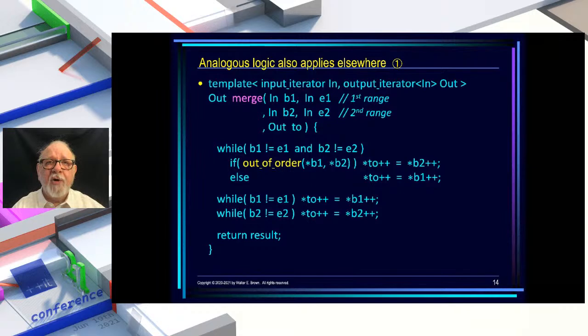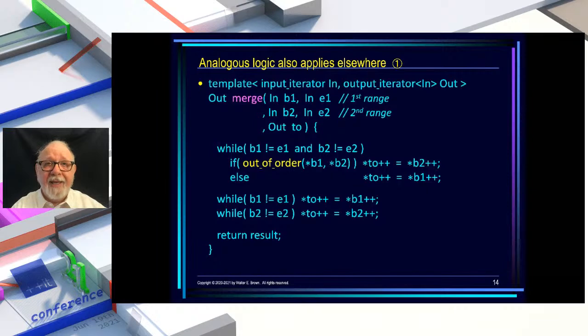Please note for the moment that we are given a pair of ranges. B1 to E1 is the first range assumed to be sorted. B2 to E2 is the second range, also assumed to be sorted, both according to the primitive less than. And of course, we're given a destination of type Out, here named to.